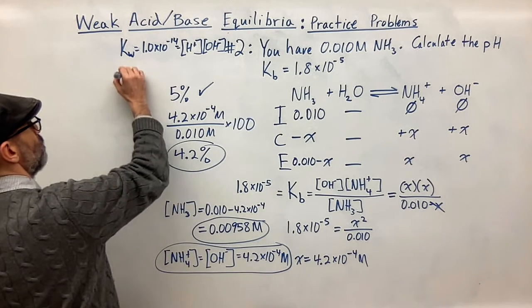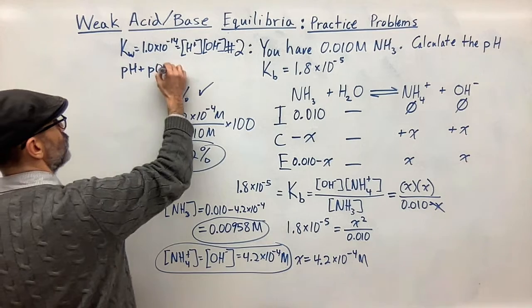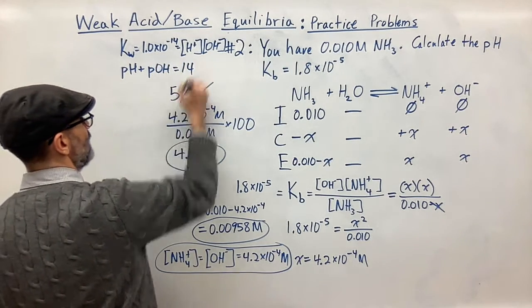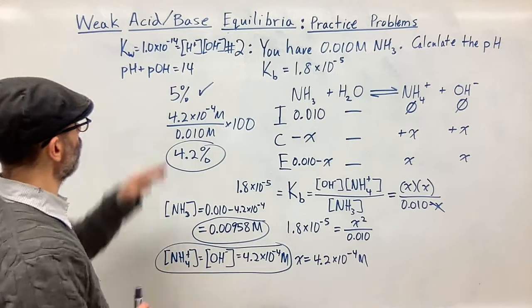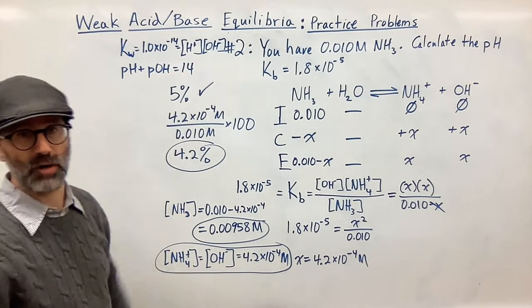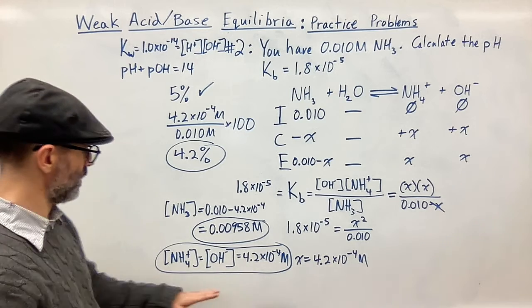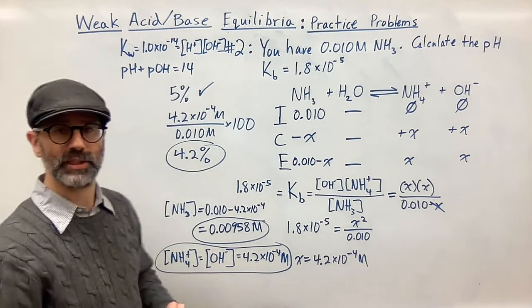Or we could use pH plus pOH is equal to 14, right? Either one will work. If I go this route, I can find the H plus concentration and then take the negative log of that. Or I can take the negative log of the OH minus concentration and then subtract that from 14.